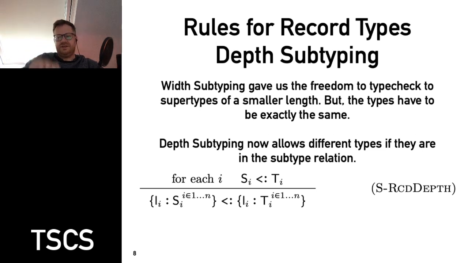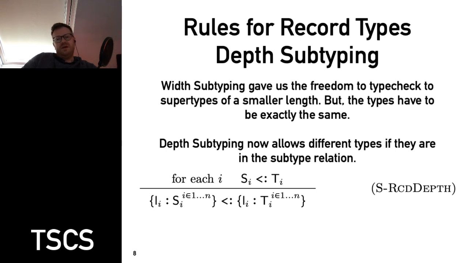The RCD depth rule basically tells you whenever you have a record that is li typed as ti, i goes from 1 to n, then you can also have as a subtype a record type that goes from 1 to n, but uses this si type, where for each i, si is a subtype of ti. And remember that it's reflexive, so si can also be ti. You can also still use the same type. However, you can also use subtypes of the types you use in the supertype record type.